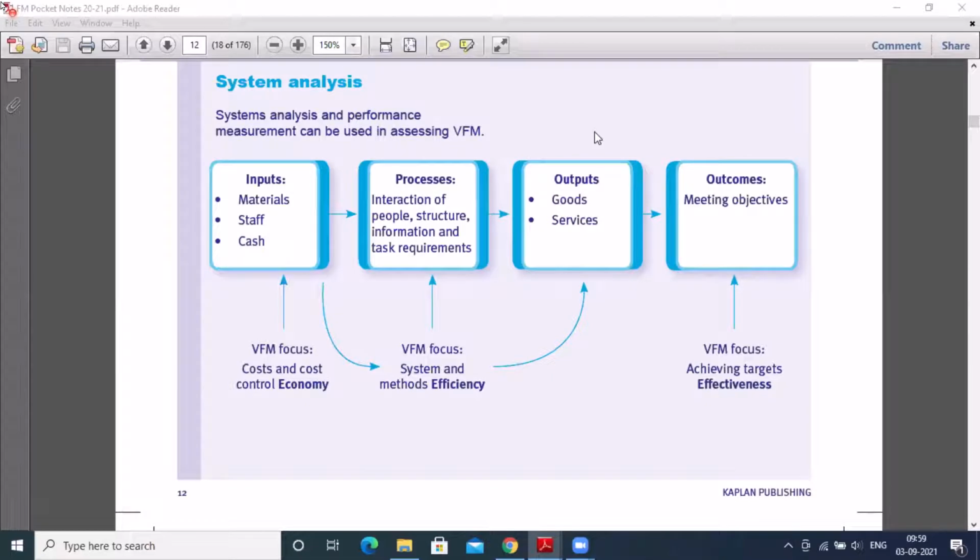So I hope you are clear with the system analysis. Any queries?